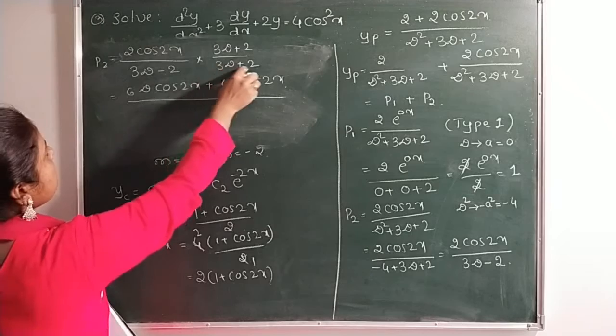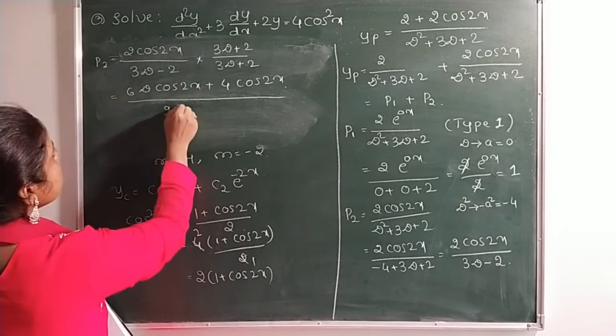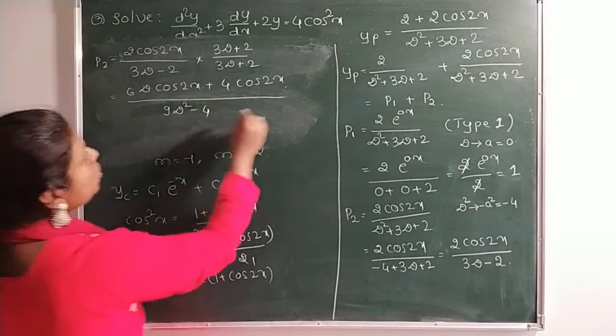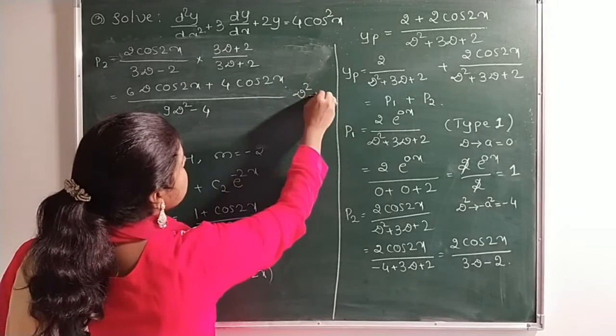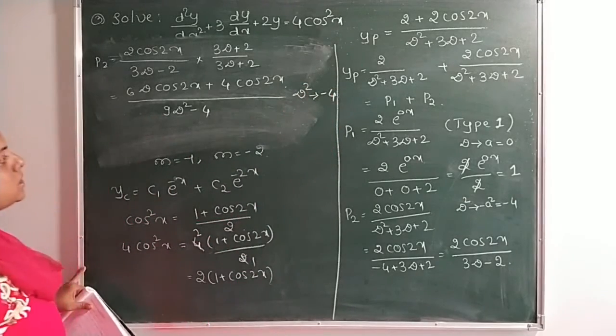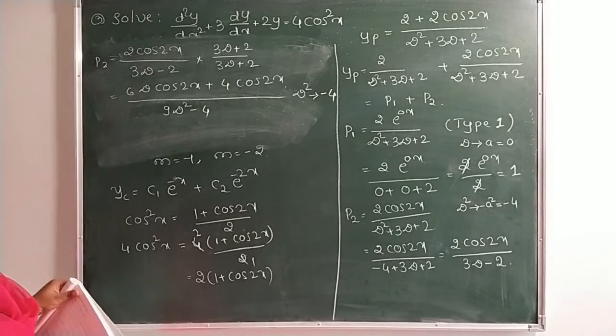The denominator is (a plus b)(a minus b), that is 9D square minus 4. Here you have to replace D square as minus 4.